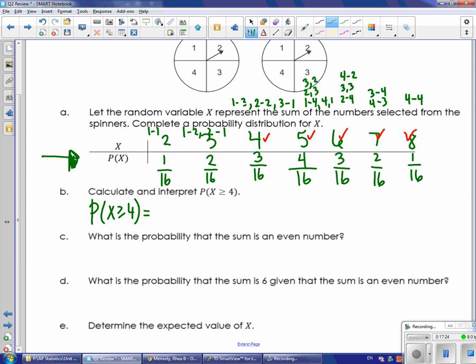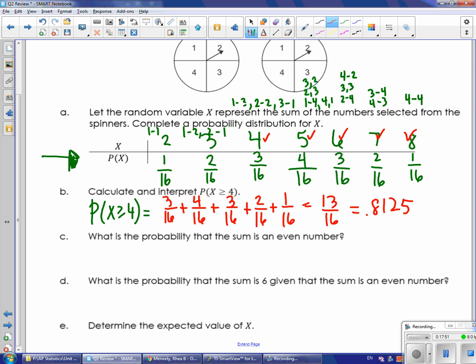And when I do, I'm going to have 3/16 plus 4/16, and obviously you're going to do this on your calculator. And when you add that all up, we have 13/16. And you can either leave it as a fraction or write it as a percent or a decimal.